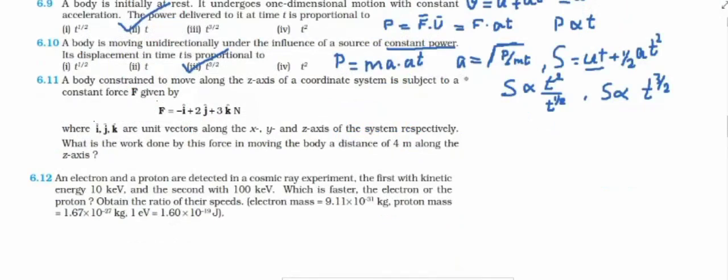That's about question 10. Now, question 11. Force is given there. Body is moving along z-axis and its displacement is 4 meter along z-axis. So what is the value of displacement?